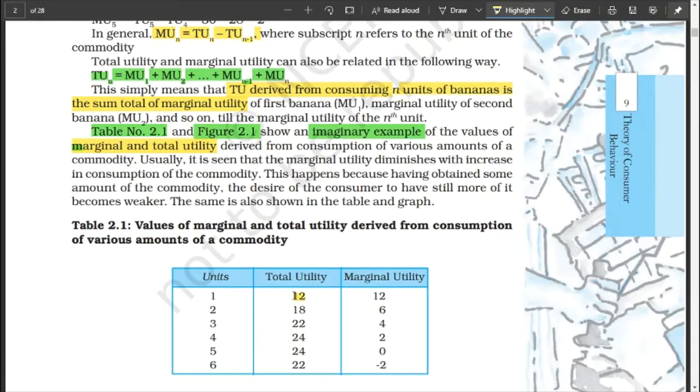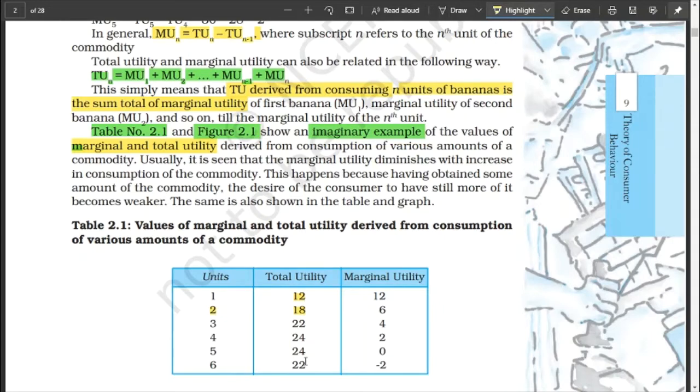So 12 is the total utility out of one slice of bread. Suppose now I consume another, two slices of bread. By consuming two, I now get 18 level of satisfaction. 18 total utility at the first and the second slice of bread, and so on and so forth. 1, 2, 3, 4, 5, 6. So 6 is the number of slices of bread that I ate to get a total utility from 12 to 22.